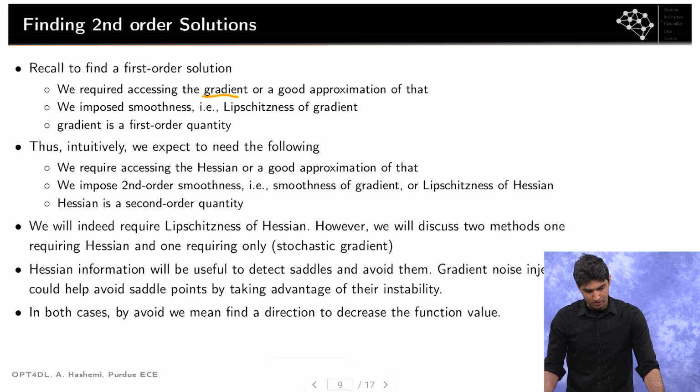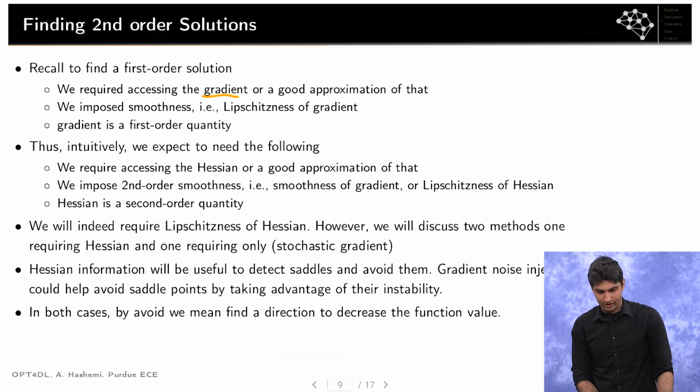In particular, we may require accessing the Hessian or a good approximation of it, or we may impose second order smoothness, which means that not just the function is smooth, but the gradient of the function is smooth, or equivalently, the Hessian is well conditioned and Lipschitz, because the Hessian is second order information, a second order quantity, as opposed to the gradient, which is a first order quantity.